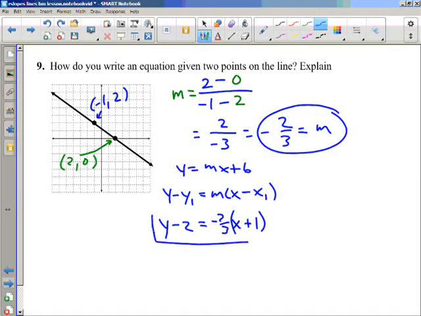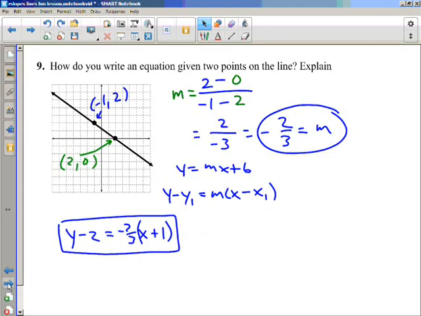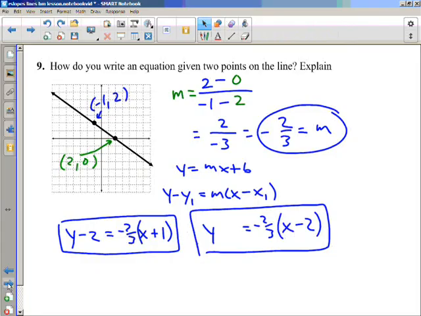Or equally correct is y minus 0 equals negative 2/3 (x minus 2). We wouldn't have to put the y minus 0 in, noting that y minus 0 is just y. Okay.